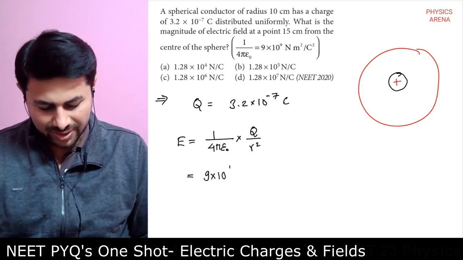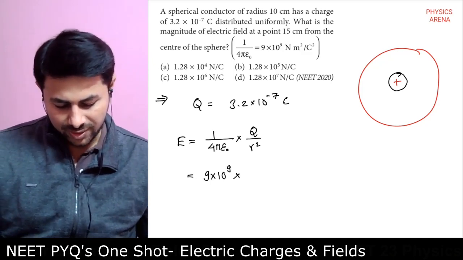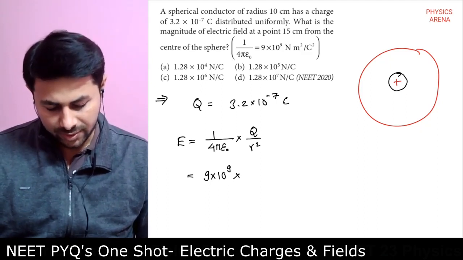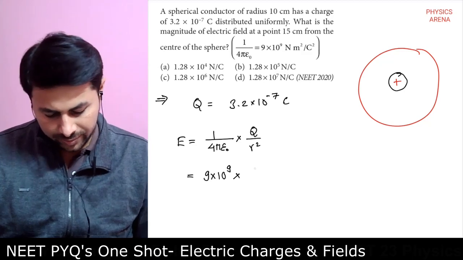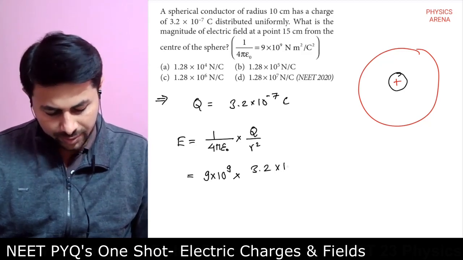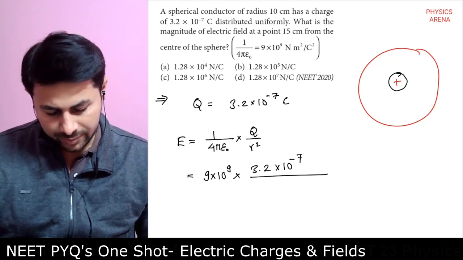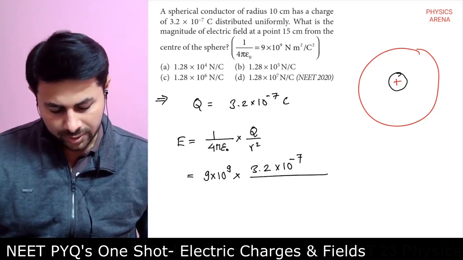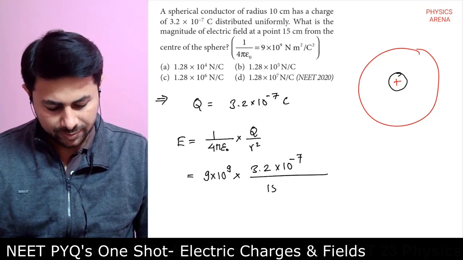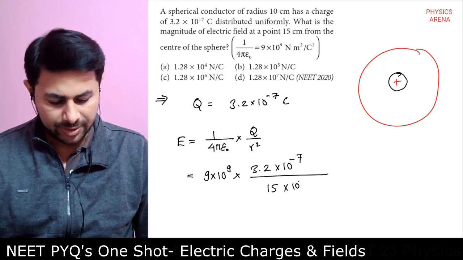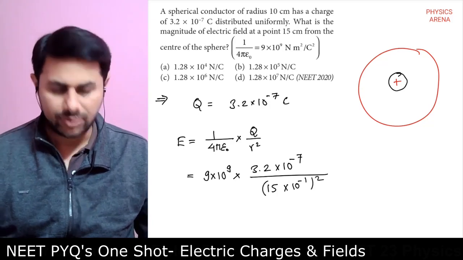9 multiplied by 10 raised to 9. 1 upon 4 pi epsilon naught is 9 multiplied by 10 raised to 9. And Q is how much? 3.2 multiplied by 10 raised to minus 7. And r is 15 centimeters, so it is 15 centimeters square, 15 multiplied by 10 raised to minus 1, and we have the square of that.